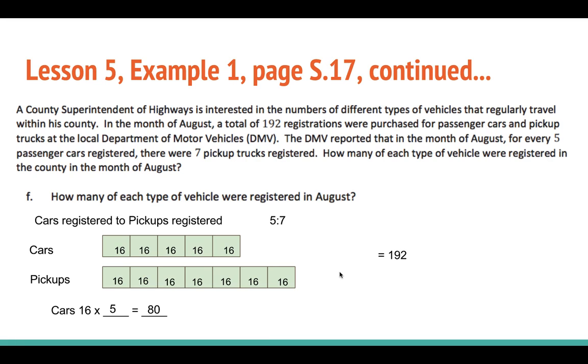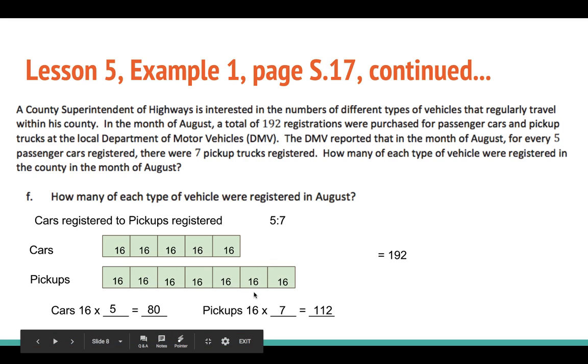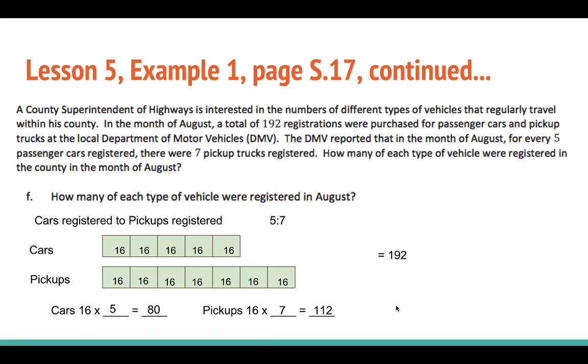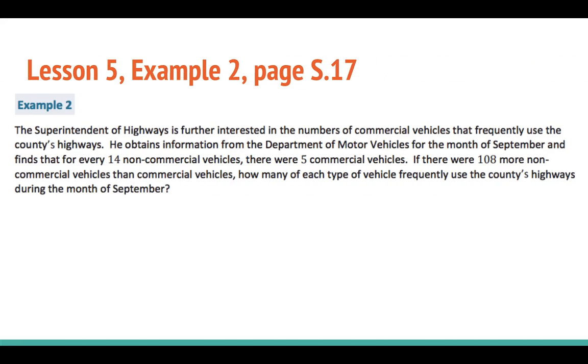So we had 7 boxes for pickups, and each one is worth 16. So 16 times 7 equals 112. If you add 80 plus 112, that equals 192. So we had 80 cars and 112 pickups registered.